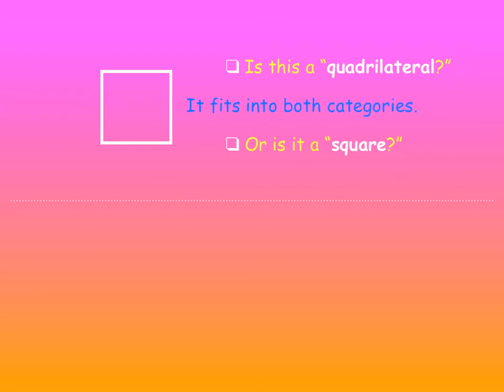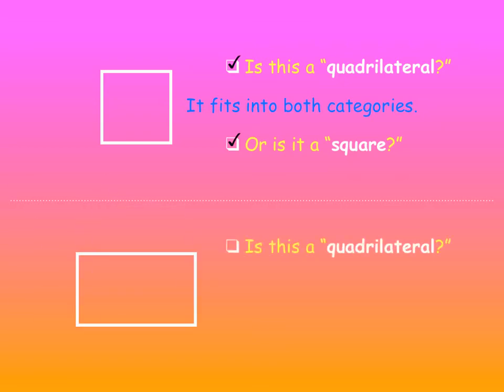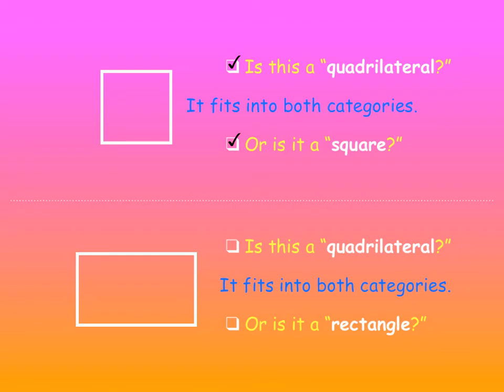Actually, it fits into both categories because it has 4 sides and it has the shape of a square. How about this? Is this a quadrilateral or is it a rectangle? Another trick question because it fits into both categories. It is a rectangle and it has 4 sides, so it is a quadrilateral.